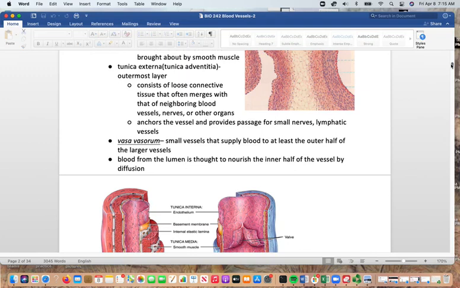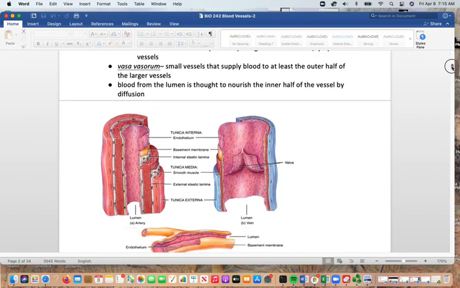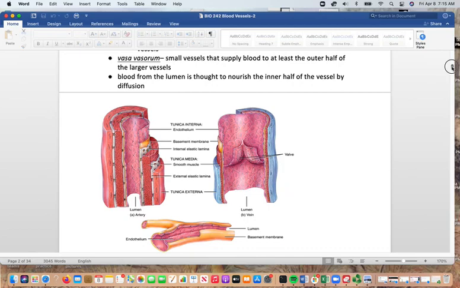The vasa vasorum are the small vessels that supply blood to the outer half of the blood vessels. Even though they're filled with blood, the vessel tissues themselves need to be fed, and that's what the vasa vasorum is for. The blood in the lumen is thought to nourish the inner half of the vessel, but the outer half needs a little bit more.